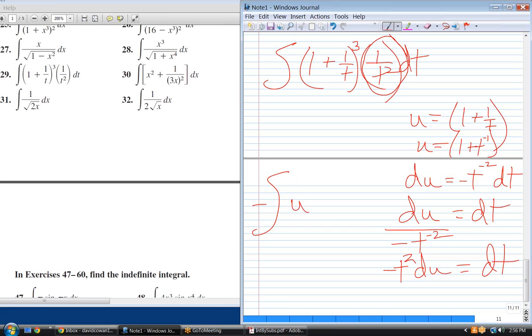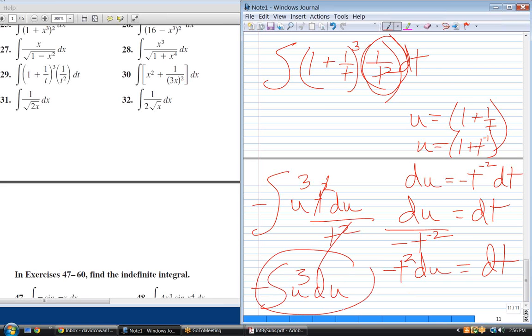I'm going to have u cubed. And then I'm doing this the long way. In place of dt, I'm going to write t squared du. Over this t squared from the problem, the t squares cancel, and you end up with a very easy integral. I know you know how to take it from there.